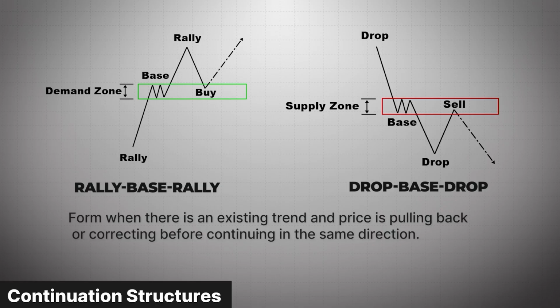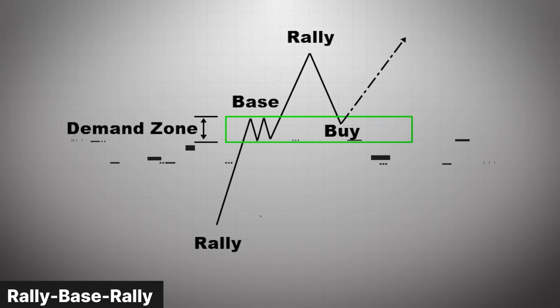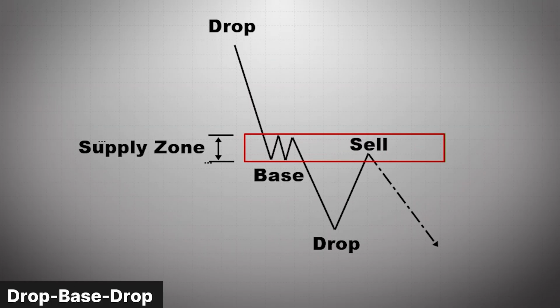These are your rally-base-rally and drop-base-drop patterns. If it's an uptrend, you'll see a strong rally, a tight range where price forms a small base, and then another rally continuing the uptrend. For a downtrend, you'll see a sharp drop, a base, and then another drop, resuming the downtrend.